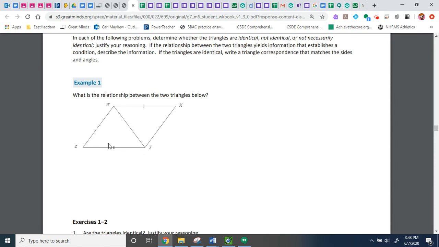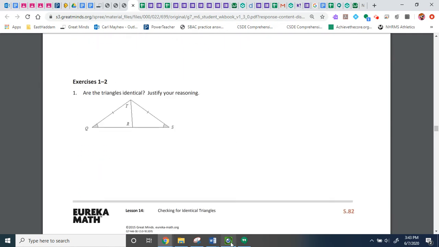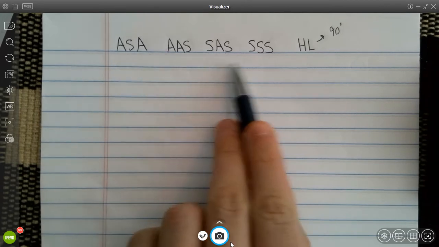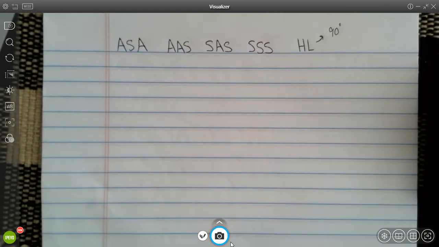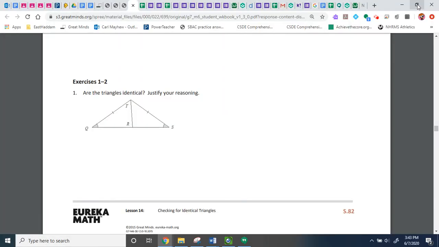Therefore, they have three congruent corresponding sides. Therefore, those two triangles are congruent based on side, side, side. So we're looking for any one of those combinations of angles and sides to determine if two triangles are going to be congruent to one another or not. And congruent and identical essentially mean the same thing there.